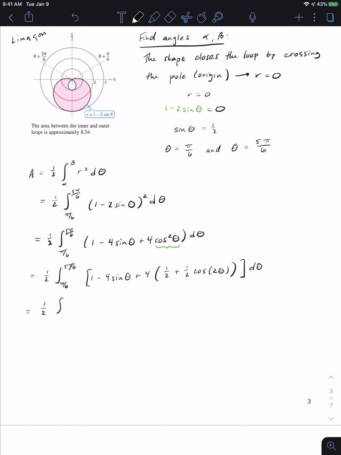So 1/2 the integral from pi over 6 to 5 pi over 6 of 1 plus 2, so I get 3 minus 4 sine theta plus 2 cosine of 2 theta d theta.